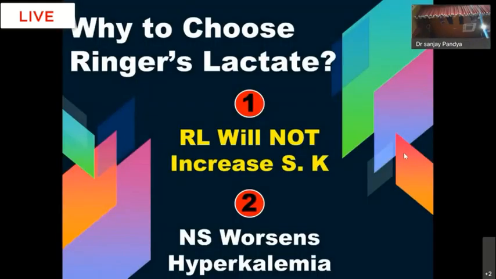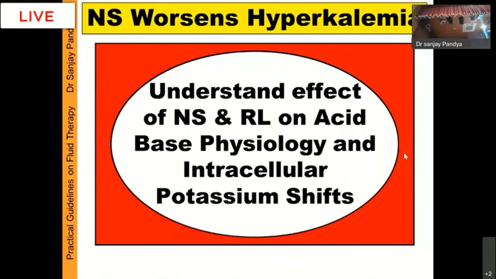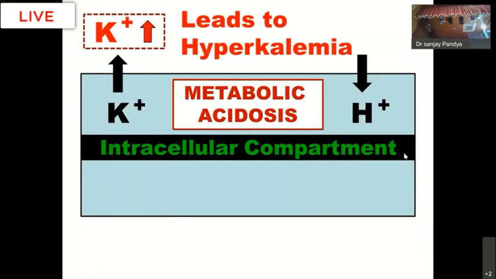And second thing, NS has potential risk of worsening hyperkalemia. Sir, NS does not have potassium. Do you remember it? Yes, but understand the effect of NS and RL on acid-base physiology. When there is metabolic acidosis, the acidosis will push potassium out.